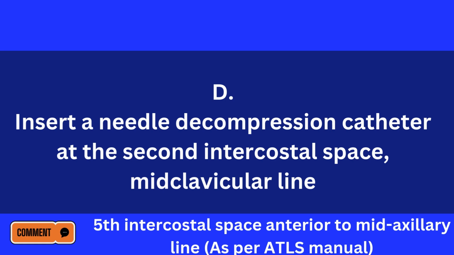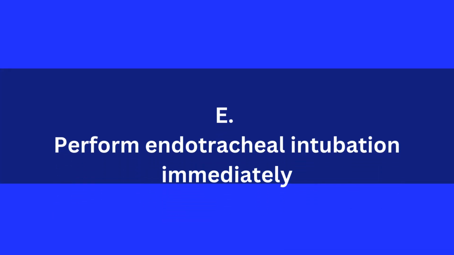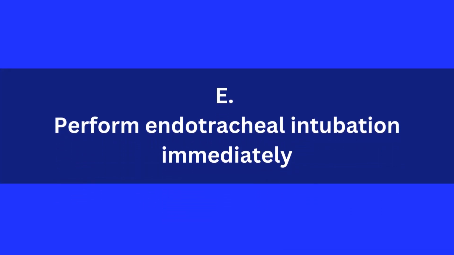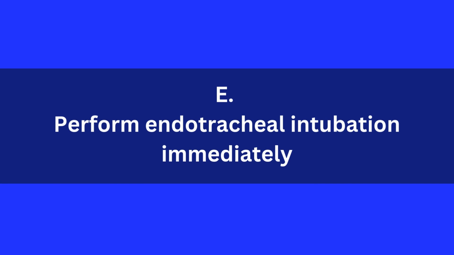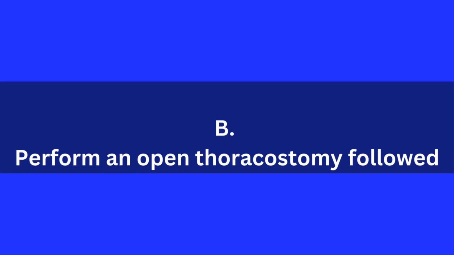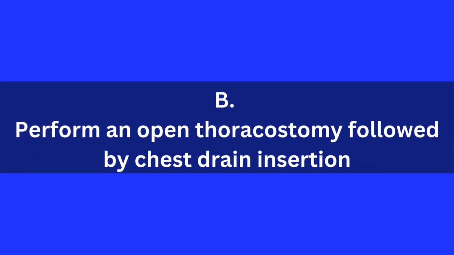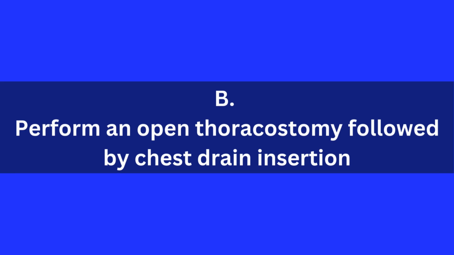And option E, as you suggested, which is to perform endotracheal intubation immediately, is not the correct choice. In a patient with tension pneumothorax, if you perform the intubation first, it will make things much worse. So the correct answer is option B, which is to perform an open thoracostomy followed by chest drain insertion. Well done, Sam.